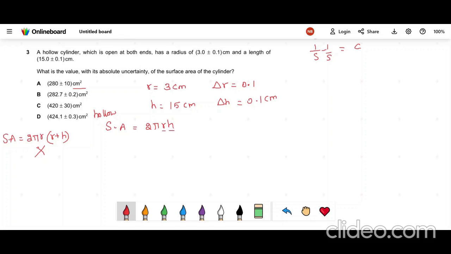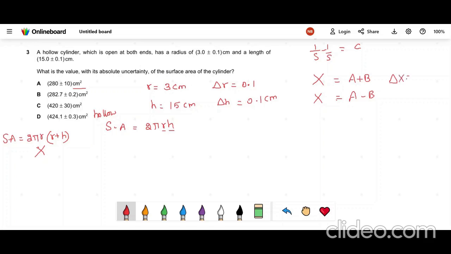If you want to find out the error for some variable which is having 2 or more variables with addition, for example, you want to find out the absolute error for x, then you should check whether it contains additive variables or subtractive variables. If it is having additive or subtractive variables, how can we find out the error? That is very easy.